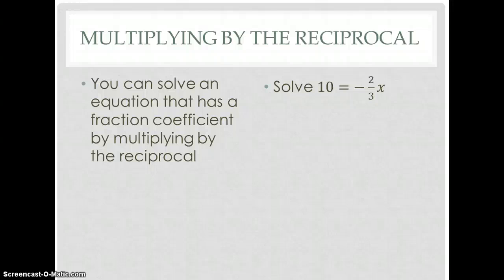Okay, so here's the fraction, negative 2/3. The reciprocal of negative 2/3 is negative 3/2. So I'm going to multiply both sides of the equation by negative 3/2.